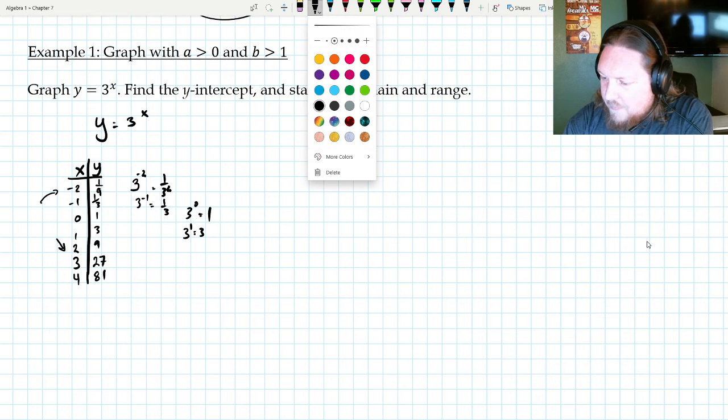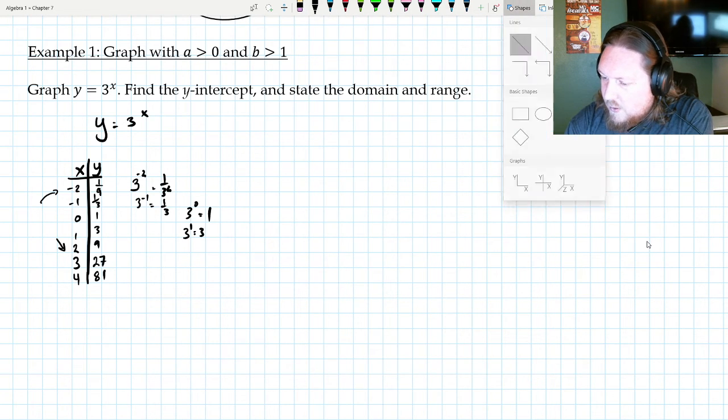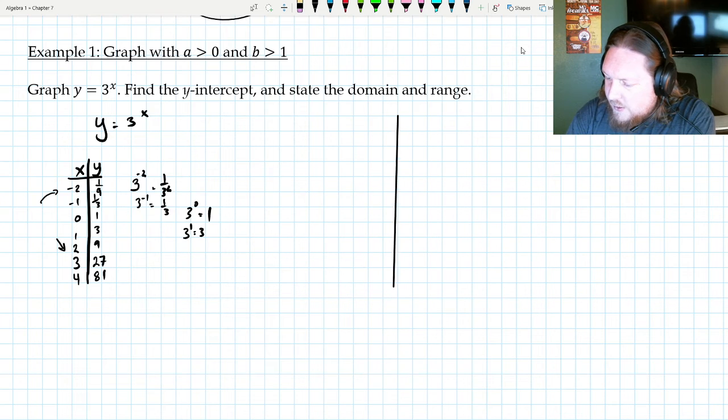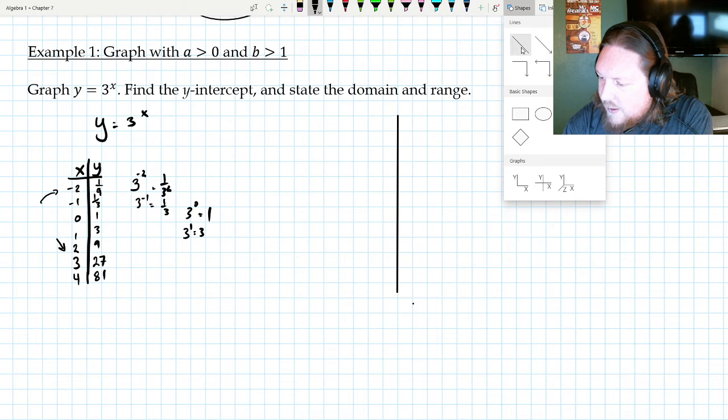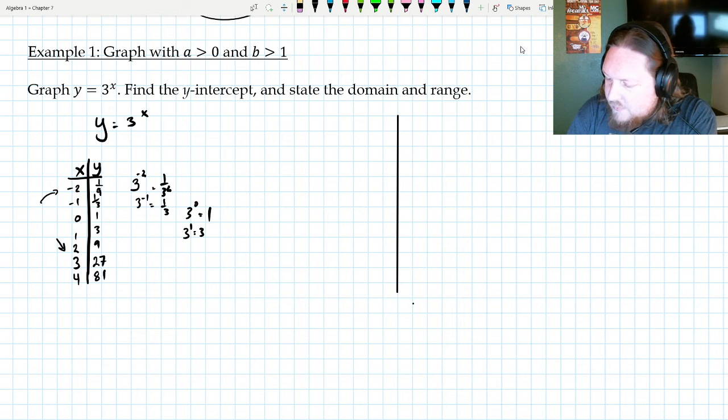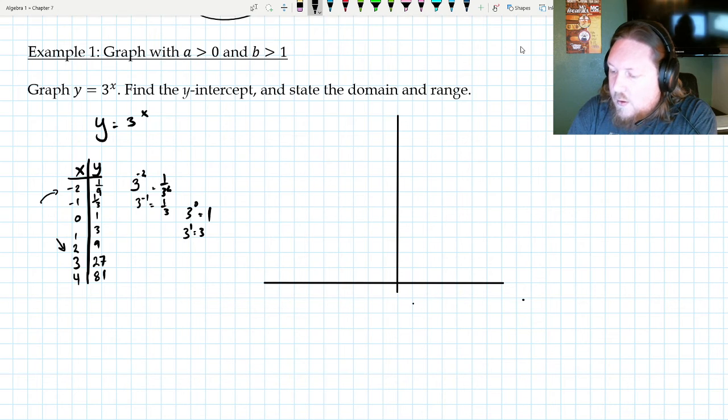Alright, so we've got some points here. Let's go ahead and make a little sketch of a graph. Now, an interesting thing here is I don't need a lot of negatives because I'm never going to get a negative. If you take a look at all these values here, all the y values are positive.